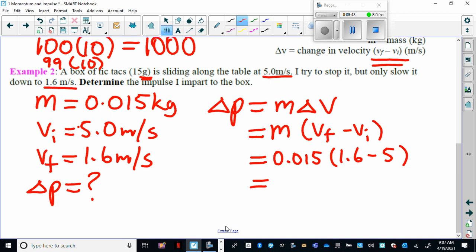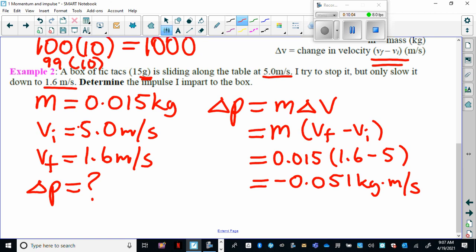That's going to yield a negative number, and it turns out to be negative 0.051 kilograms meters per second. And of course, the units for impulse are the same as the units for momentum.